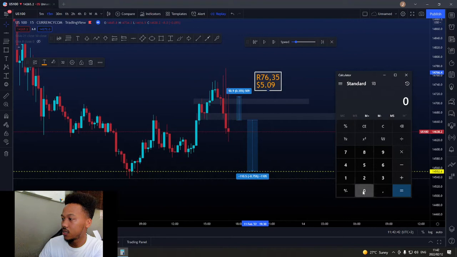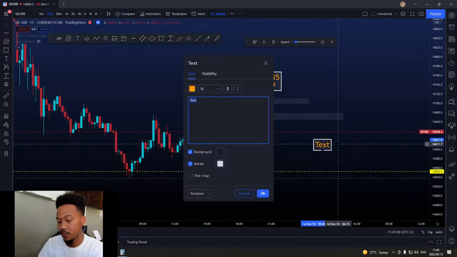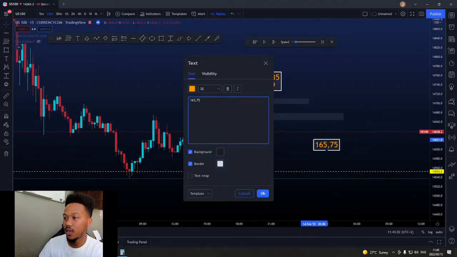We take the 0, place it over, so it would be 1.05 multiplied by 15, and that would be 165. Copy that and place it like this. And so that would be the ZAR over there.